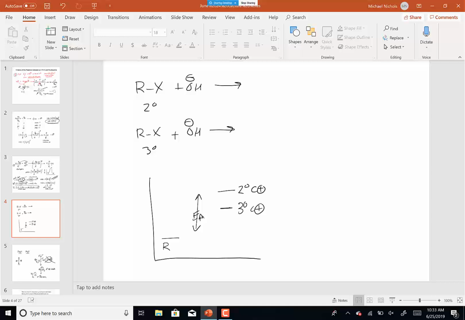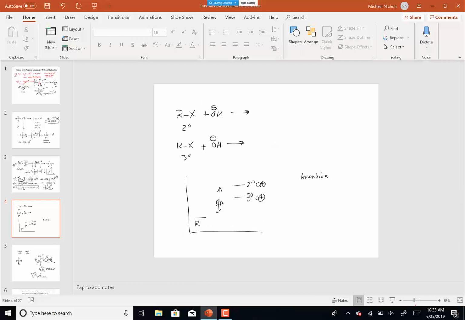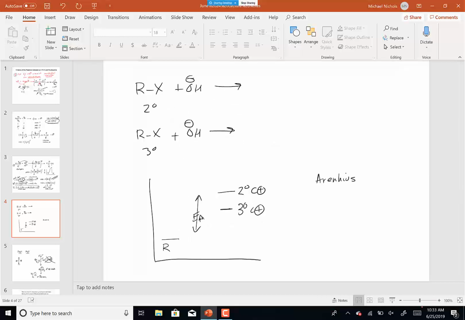Because the Arrhenius equation says that the rate is equal to some preset value times e to the minus EA over RT, where RT is the energy form of the gas constant.